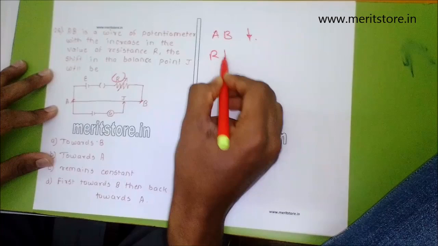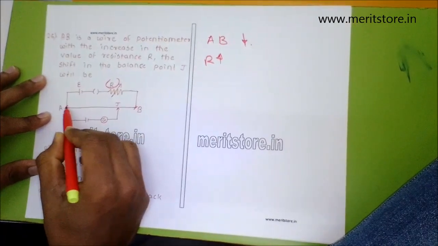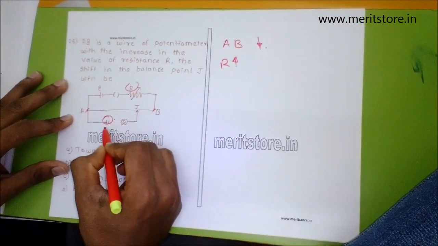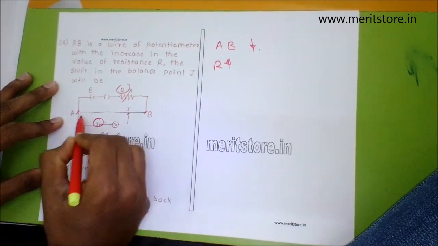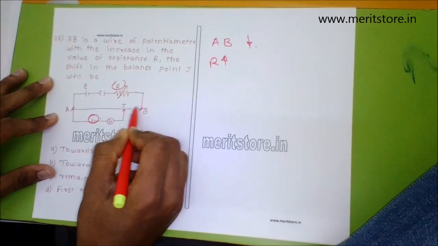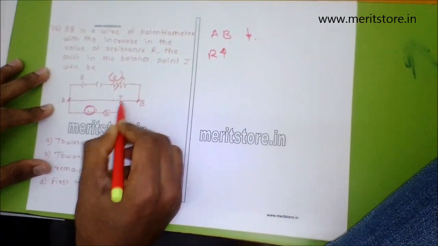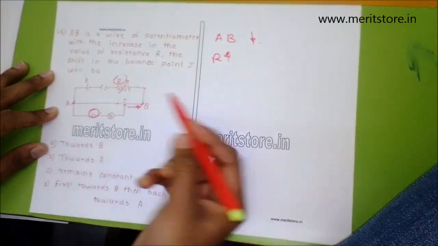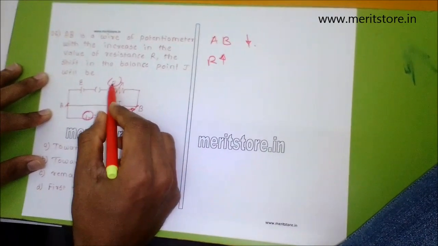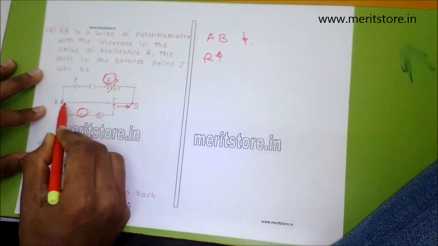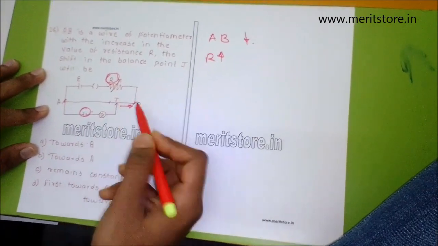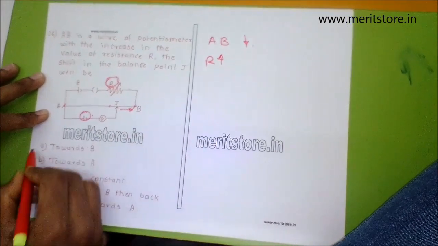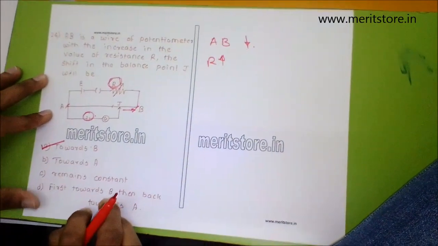So in order for balancing a particular value of the external EMF, a longer length of the wire would be needed, which means that the point J would keep shifting towards the point B. Hence, what we conclude from here is that an increase in the resistance R would increase the length of balancing wire J towards B for a balanced condition. Hence, the option is A, towards B.